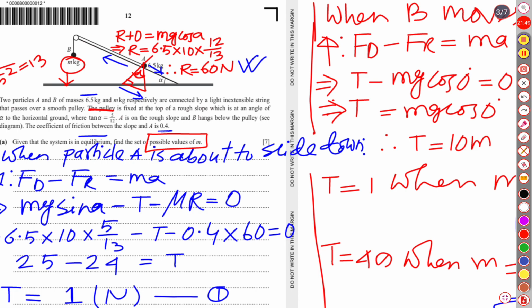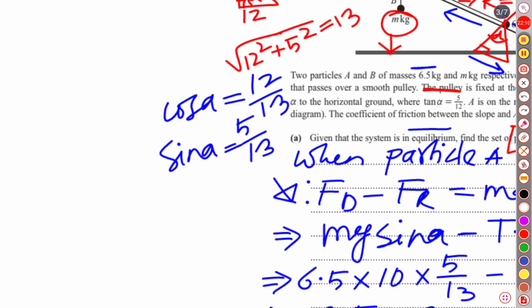If the mass of particle B is more than 4.9 kg, then particle B would move down. That means A would slide upward and B would move downward. So it's very simple. That's why they have told us to find this, so that the system is in equilibrium.